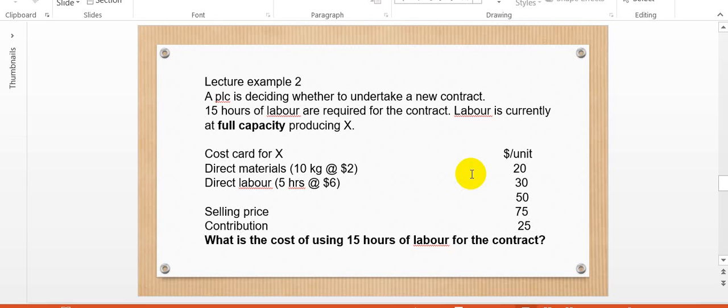Labor is currently at full capacity, producing X. You are given the cost card for X. X requires 10 kgs of materials which cost $2. So to make 1 unit of X, we require $20 worth of materials, and it requires 5 hours which cost $6 per hour. So to make 1 unit of X, we require $30 of labor cost.